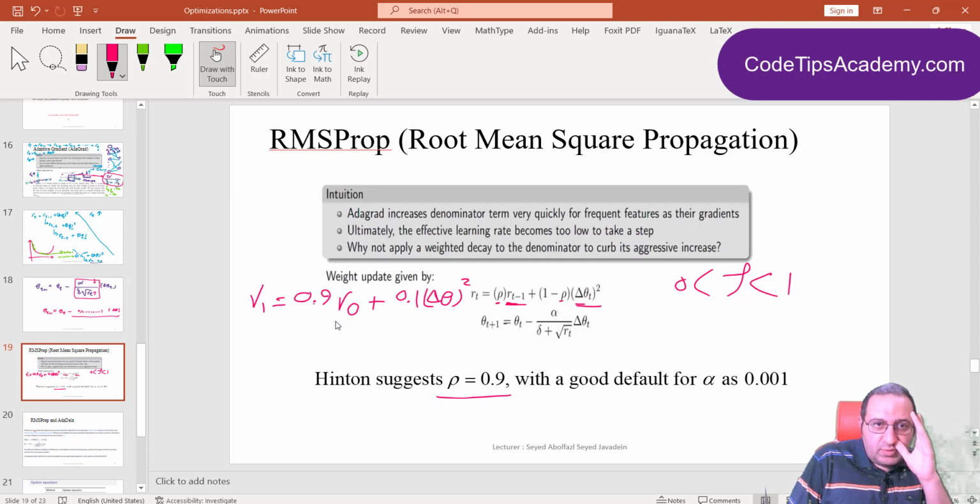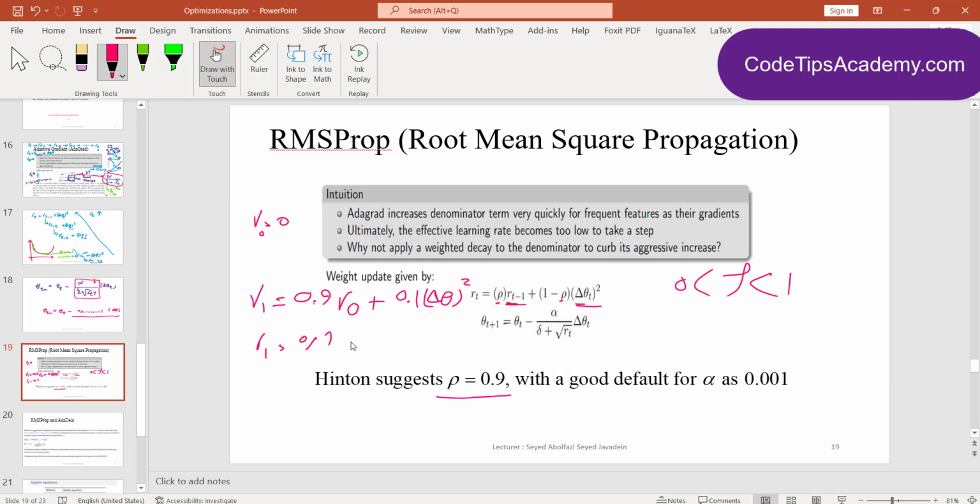Here in the first steps, R0 is 0, so R1 will be this. And for R2 we have, for example, 0.9 times R1 plus this one.